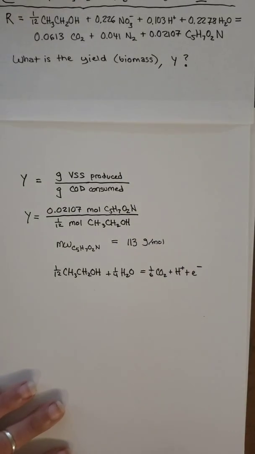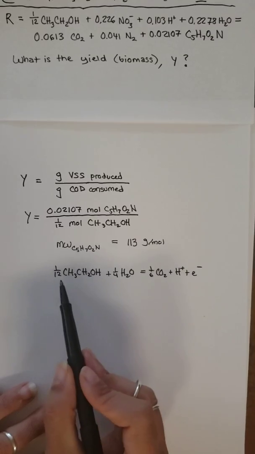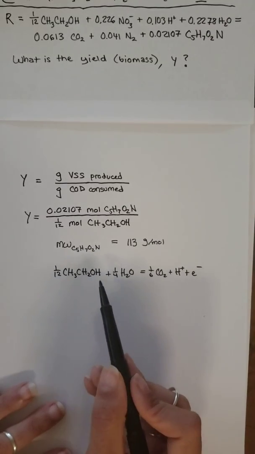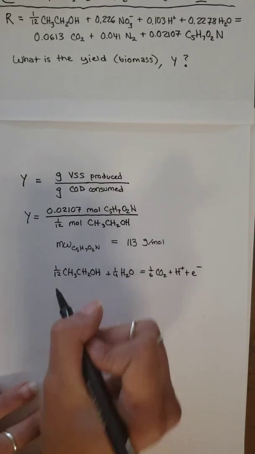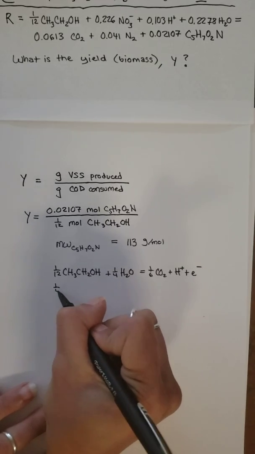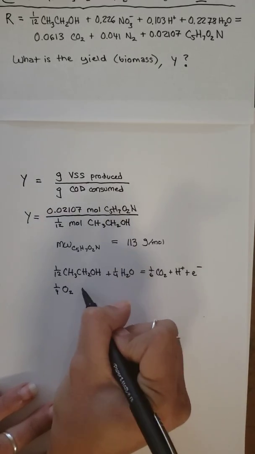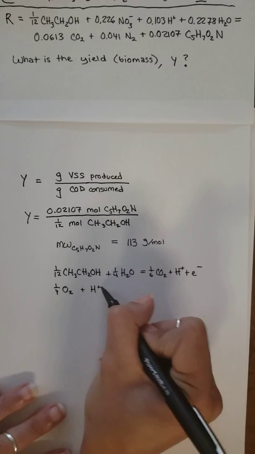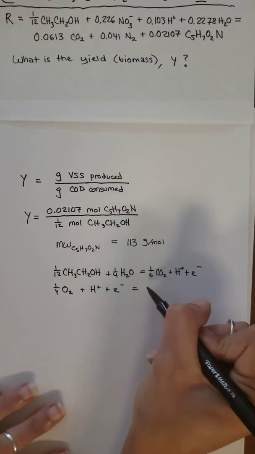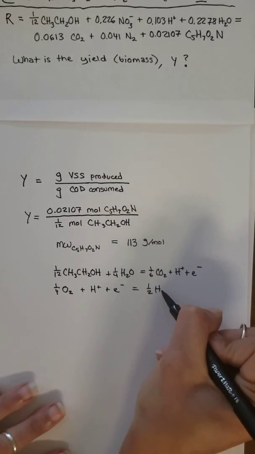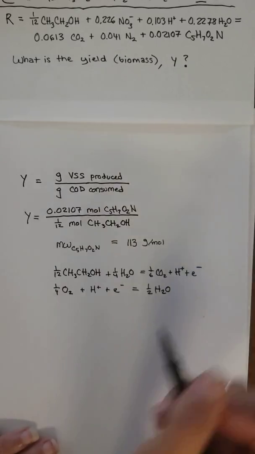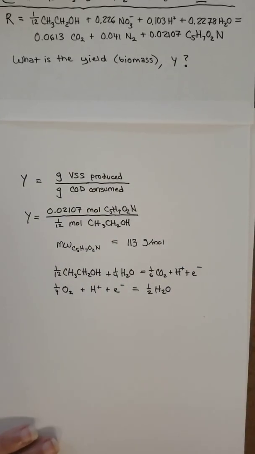So this is the equation that's straight from the half reactions, but it is flipped so that we have our electron donor on the left-hand side here. And then we can also pick up this equation from the book, 1/4 O2 plus proton plus electron is equal to 1/2 H2O, and that's a pretty familiar equation to you probably by this point.